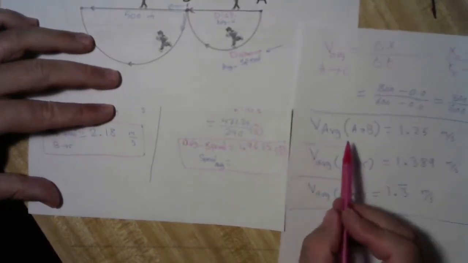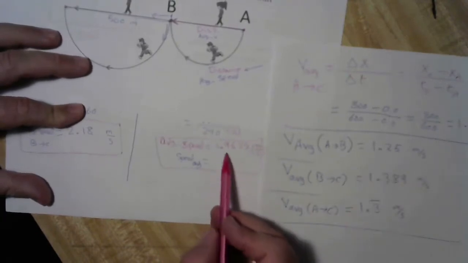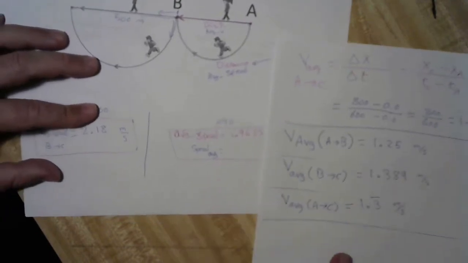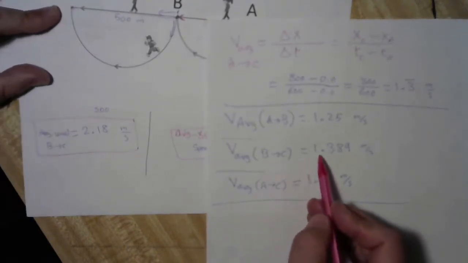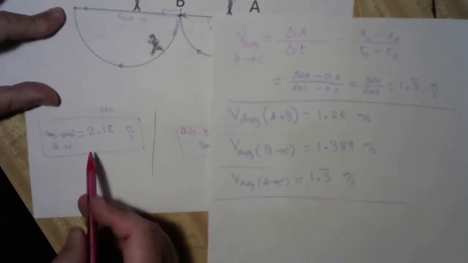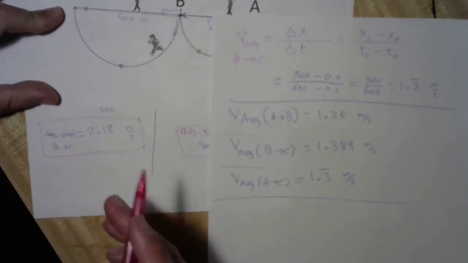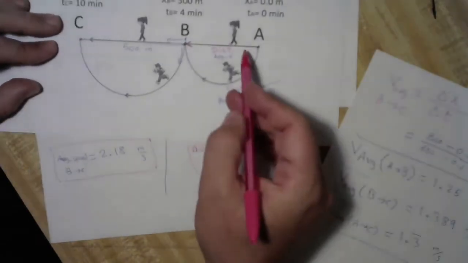Her velocity from A to B is 1.25, but his speed is faster here, 1.96. Also, her velocity from B to C is 1.38, and his speed is more than 2. He's faster. Now I'll compute his total speed from A to C.